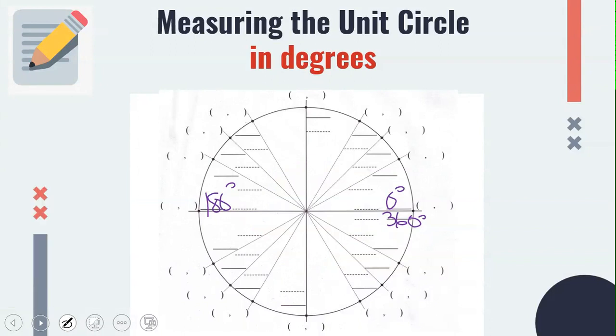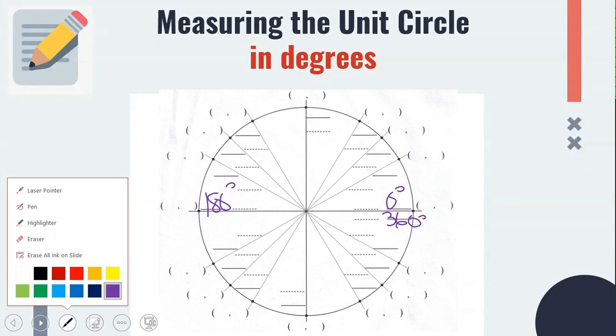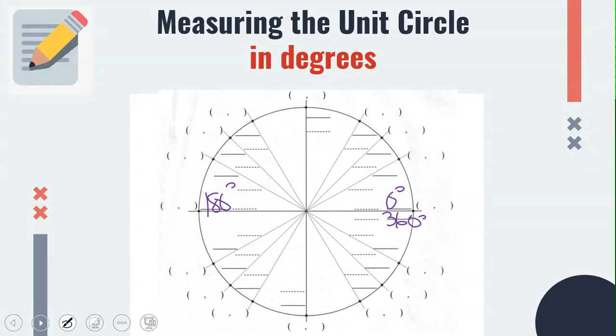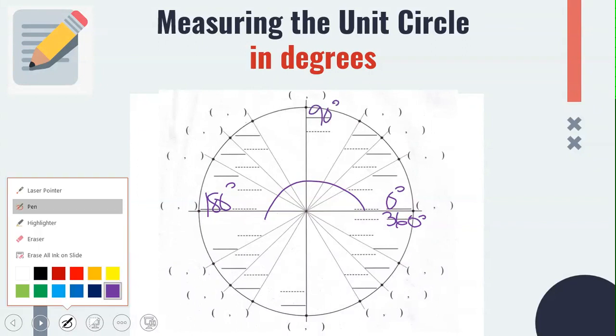Now, I'm going to bring you guys back to 0 to 180. If we're starting here at 0, and this entire rotation is 180, what is the halfway mark between? What is 180 divided by 2? Well, that's going to be halfway between 0 and 180. That's going to be right here. That's going to give us 90 degrees. Perfect.